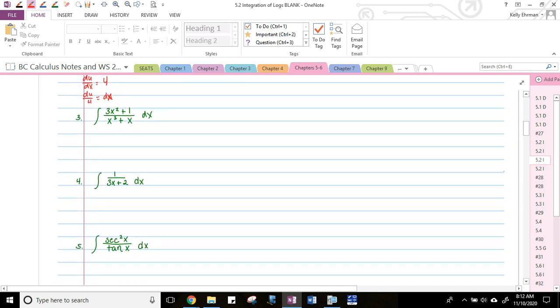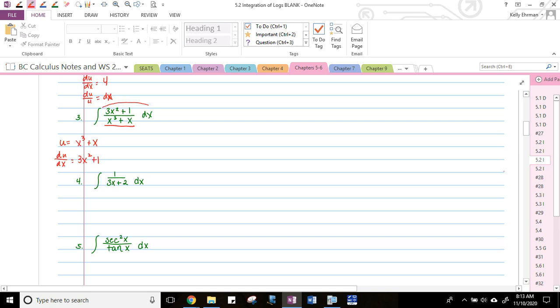Number 3. I'm noticing that my denominator expression is 1 degree higher than my numerator. That's a pretty good indicator that u sub is going to work here as well. So u is x cubed plus x. Du dx will be 3x squared plus 1, which is what I have right here in the numerator.